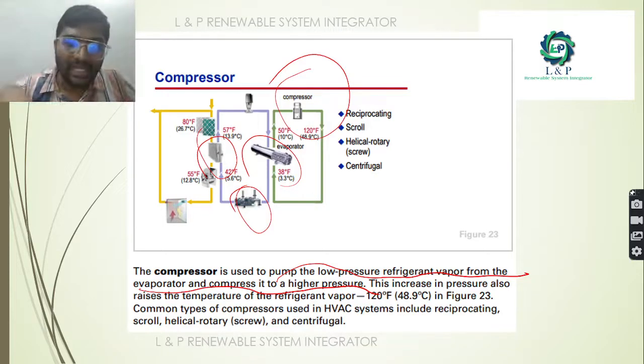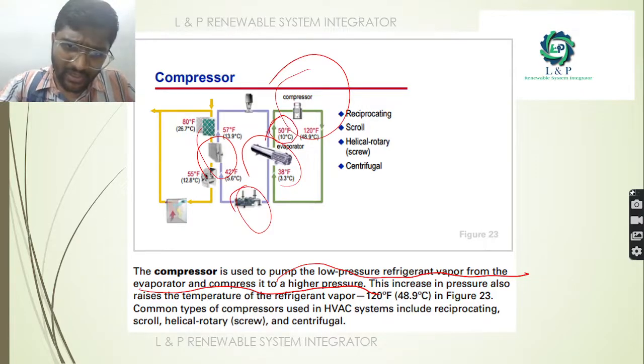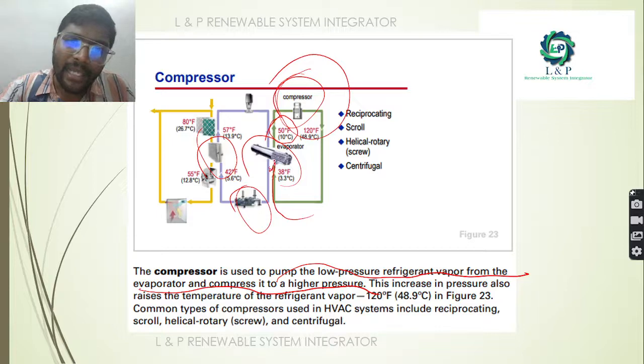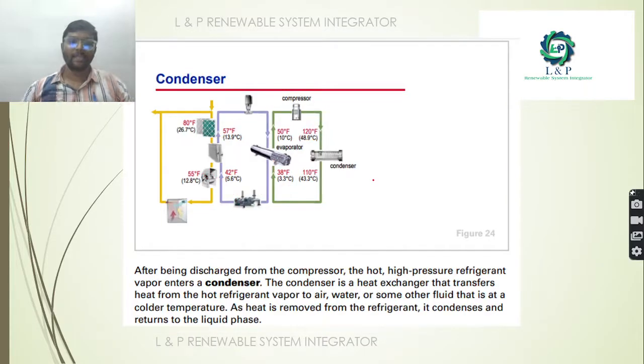As you can see here, the temperature of the refrigerant entering the compressor is only 10 degrees, but after compression it changes to 48.9. Again, if you send it back to the evaporator, it gets cooled down. So this is like a cyclic loop, happening continuously.